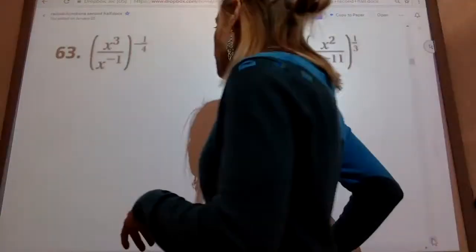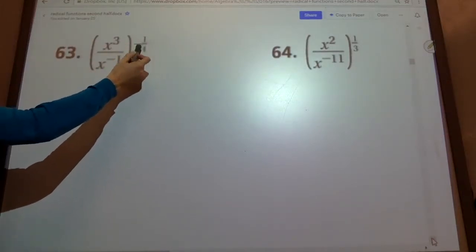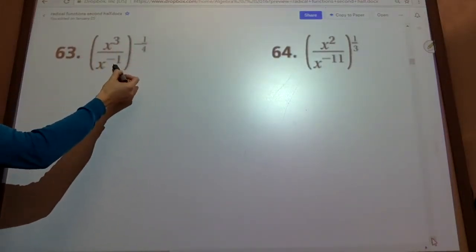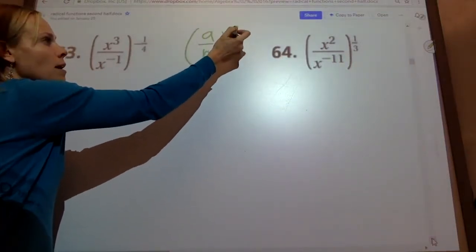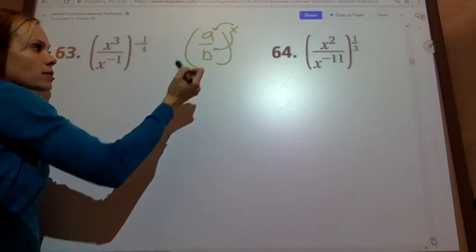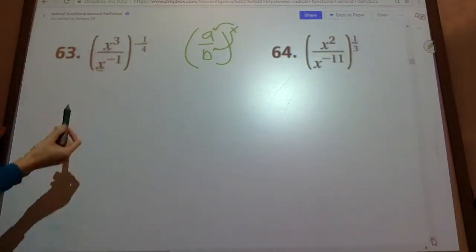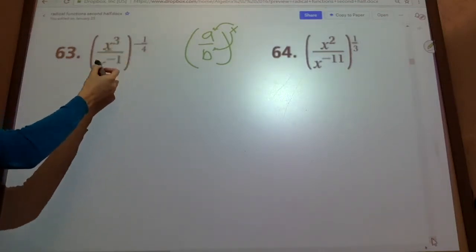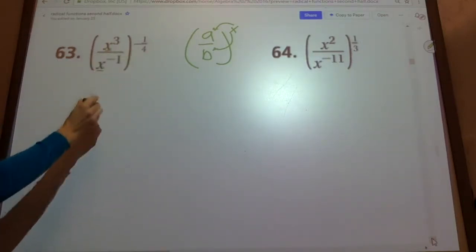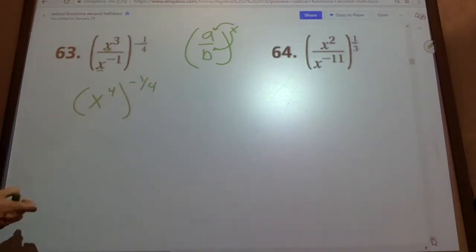When you're doing division, this -1/4 is going to go to the top and bottom, right? That's one of our properties. If I have this to the x power, the x goes to the top and the x goes to the bottom. But in this case, I recognize, oh, there's same bases. So I would use my division of same bases to get this into one term, and then I can take power to a power.